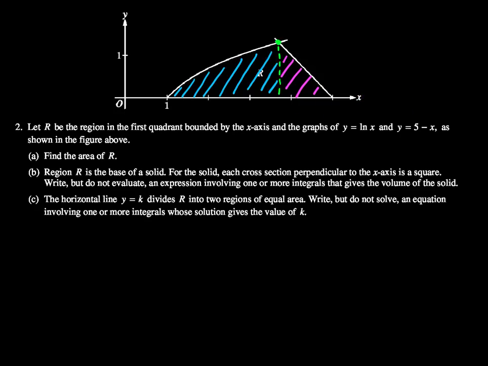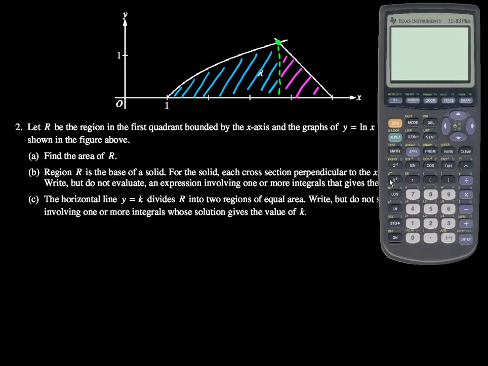So we can start off by graphing y equals the natural log of x, and graphing y equals 5 minus x. And then, once this shows up, I can use the calculator to find out where they intersect.